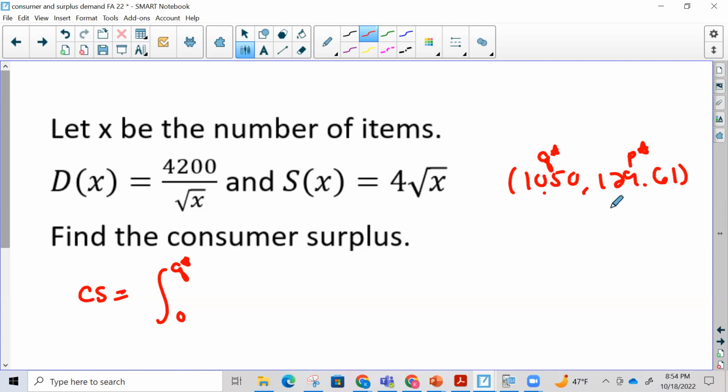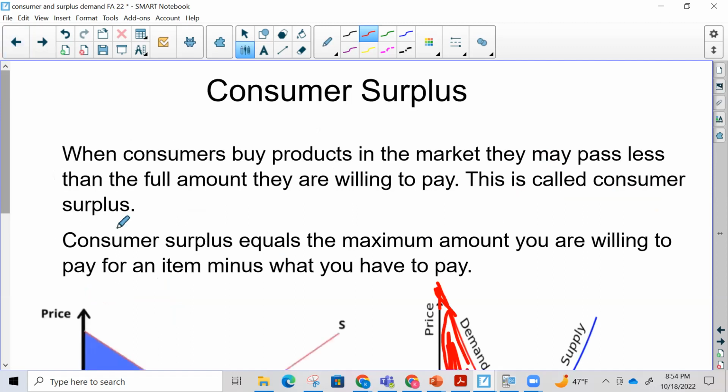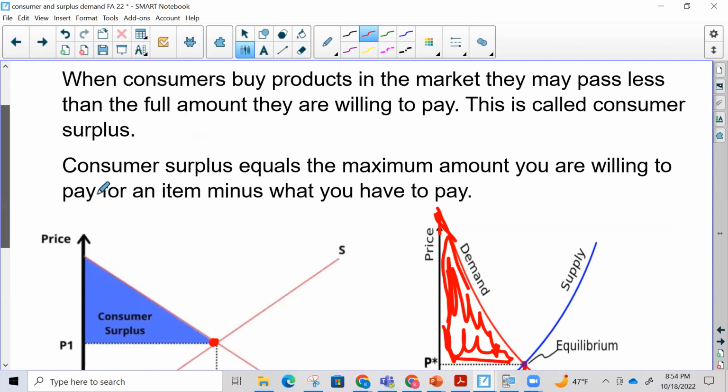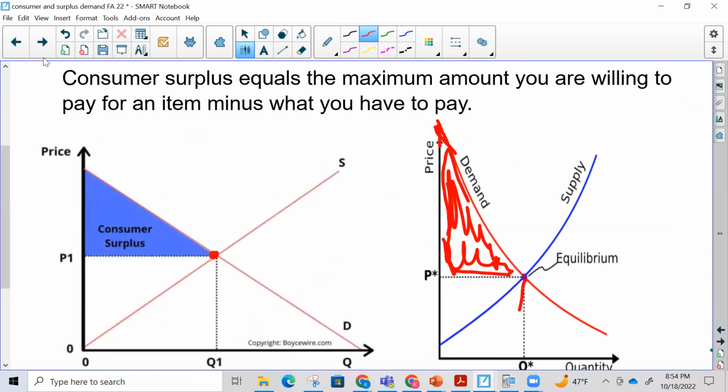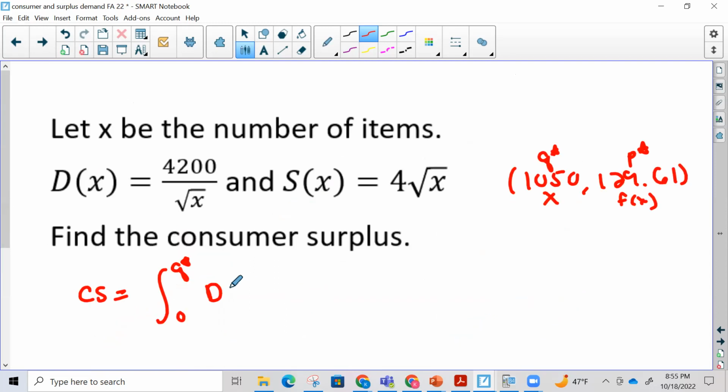Remember, if we look at our graph, it's always between the demand curve, D of x dx, and then we subtract out the area of that rectangle, which is Q star, P star.